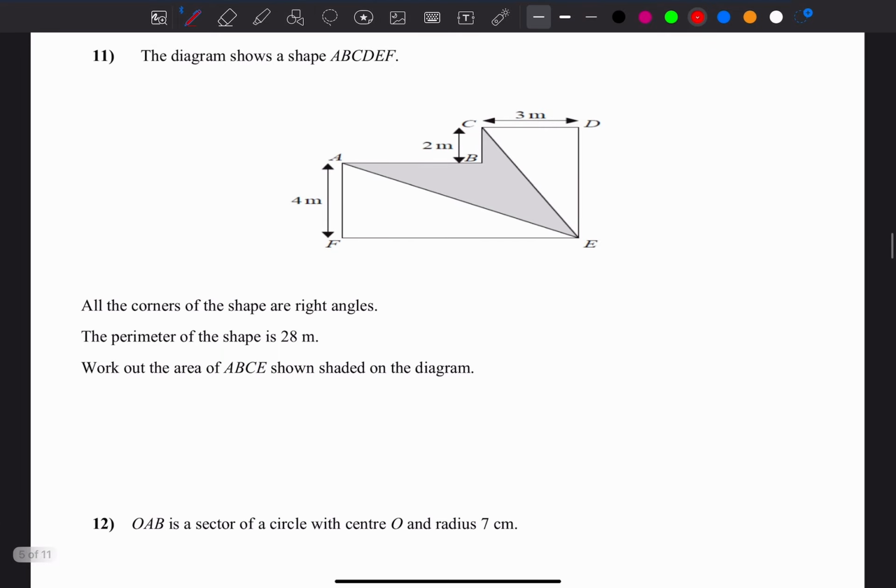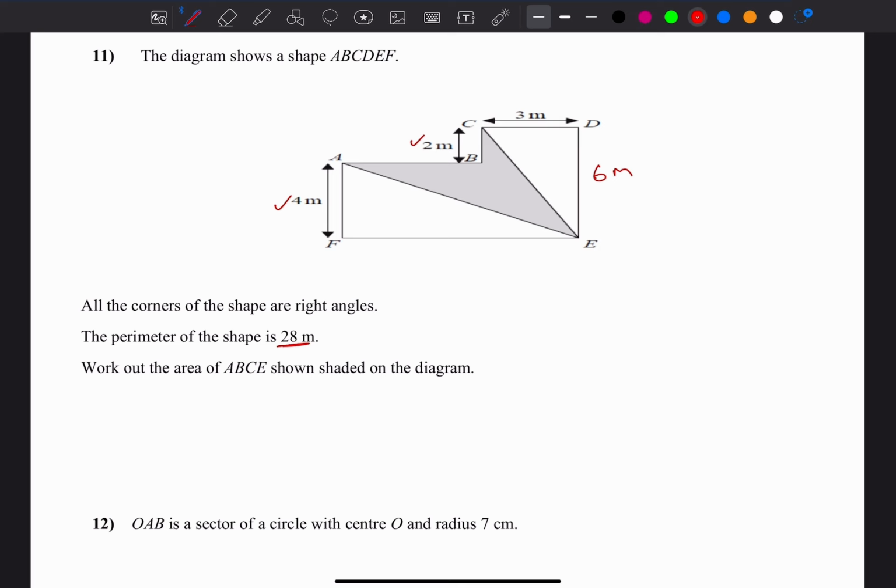Okay, next one. All the corners are right angles with a perimeter of 28. Show that the area... Okay. If this is 4 and 2, that will make this 6 meters. The total perimeter is 28 meters.